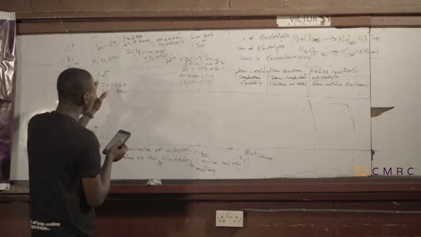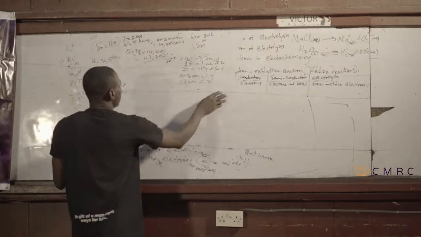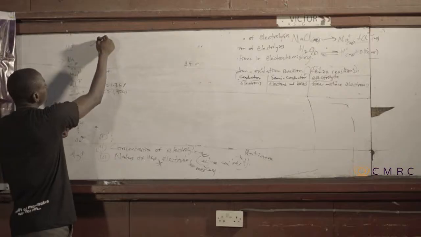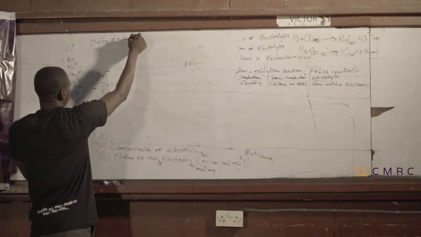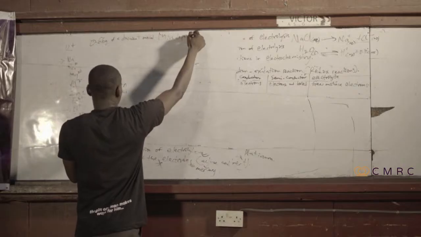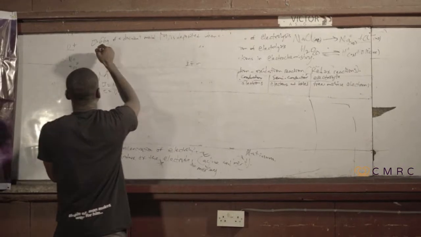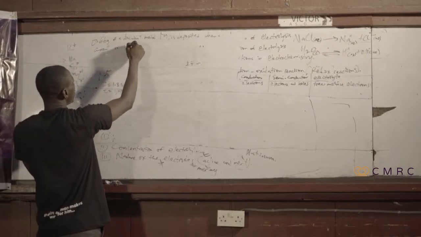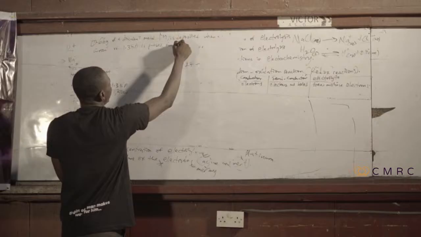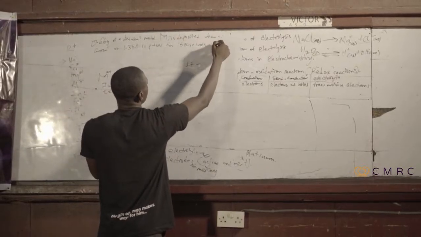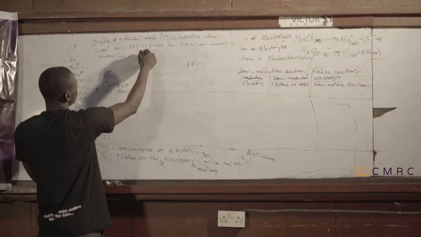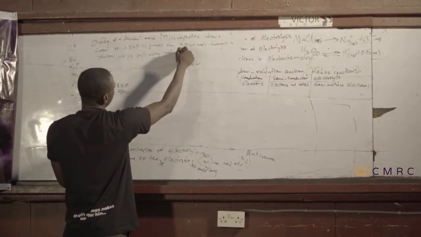So the question is very simple. I think it will be good for me to write the whole question so I can see it. 0.66 gram of a divalent metal M is deposited when a current of 1.35 amperes is passed for 1,500 seconds through a solution of its salt using inert electrodes.